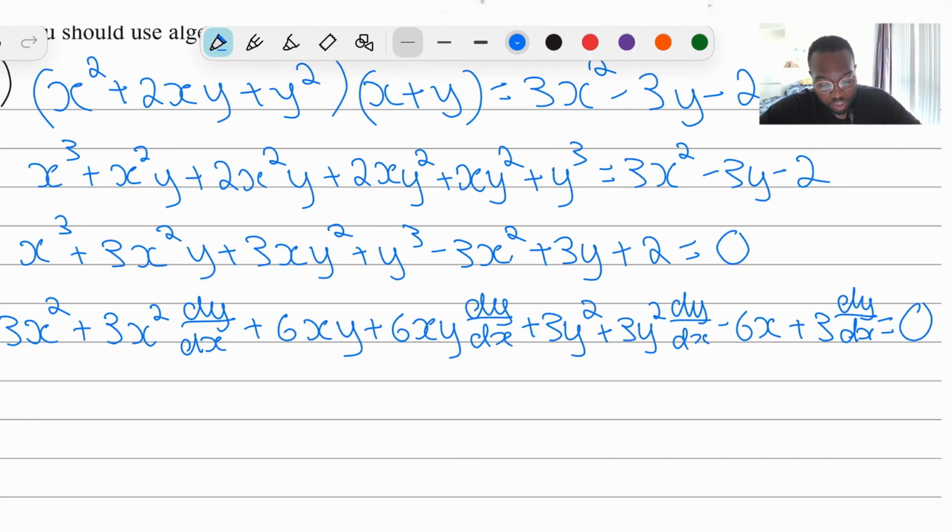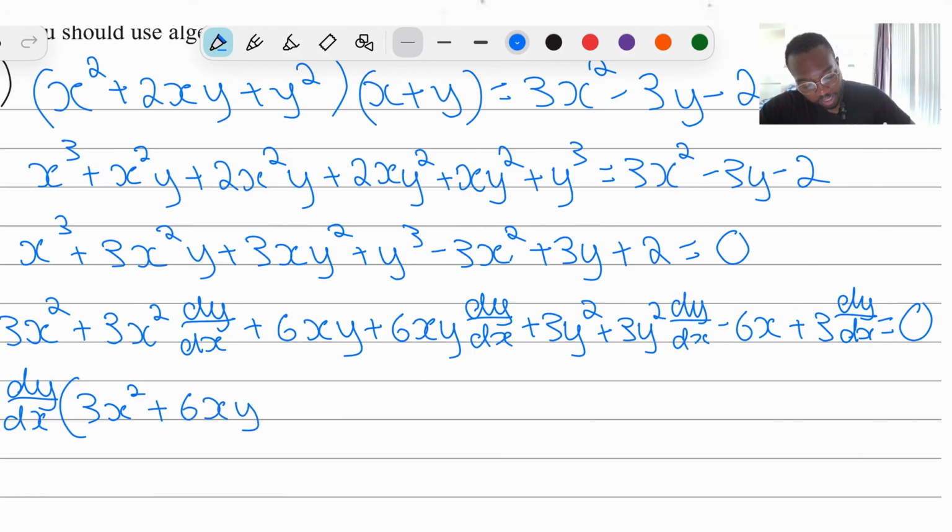Okay. So now what we want to do is bring all of our dy over dx terms together and then bring all of our non-dy over dx terms together. So if we do that, that will be dy over dx, and we're going to put it all in a bracket. So we have the 3x squared, we have the 6xy, we have the plus 3y squared, and we have plus 3.